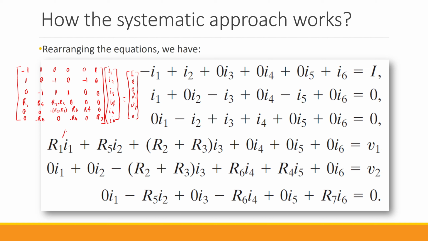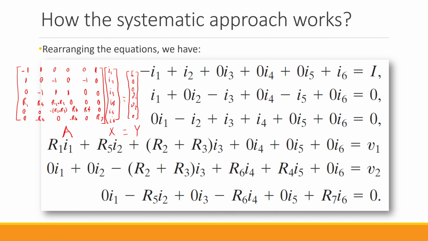Or this is equivalent to having this 6 by 6 matrix A multiplied by this matrix X to get the result of matrix Y. So this is the same set of equations in matrix form.